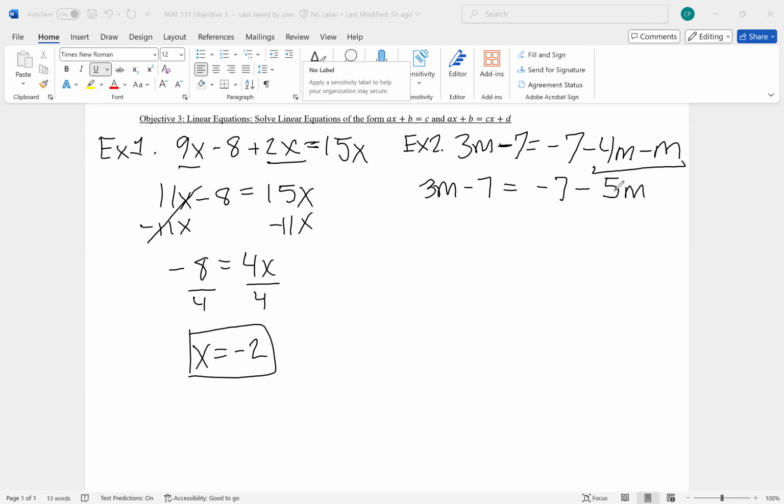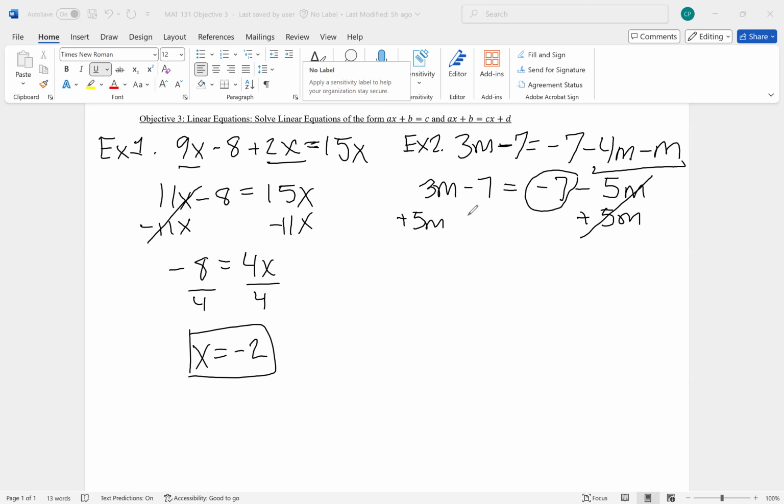So this -5m, let's add 5m to both sides, okay? It's going to make that one go away. And in this same step, we could do something else, okay? We just want to make sure that we leave something on each side of the equation. So over here, what's left is the negative 7.